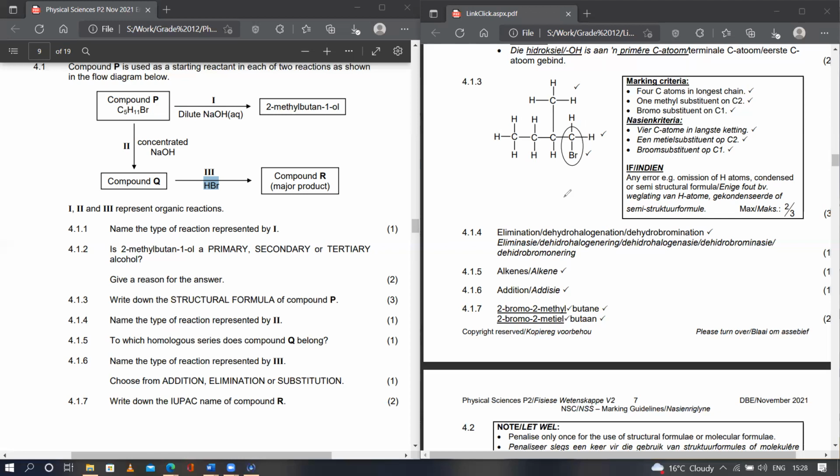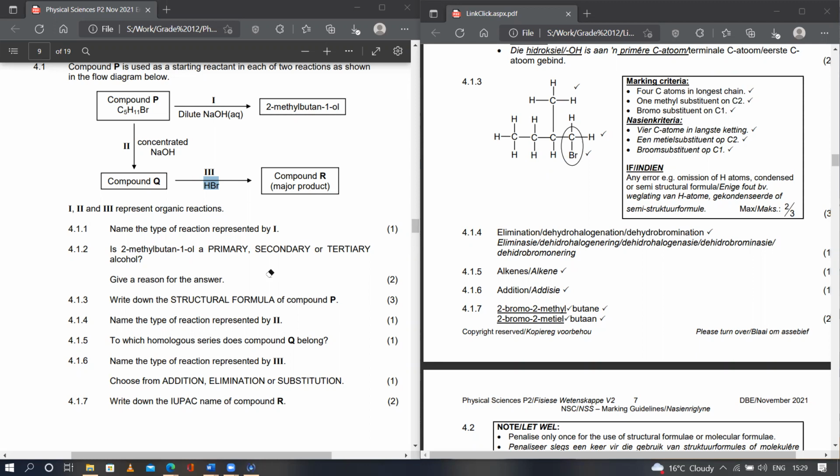Because when this and this is eliminated, this is stuck with 2 hydrogens. And now this one has no hydrogens. So it's gonna go to the carbon with the least hydrogens. So it's gonna be here. So basically the halogen is gonna go to the carbon with the least amount of hydrogens. Then the hydrogen is gonna go here. So they understand why. Yes, sir.